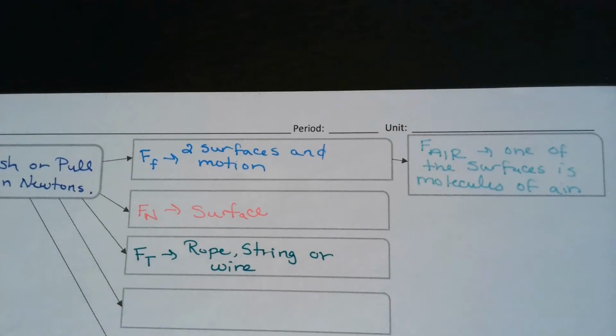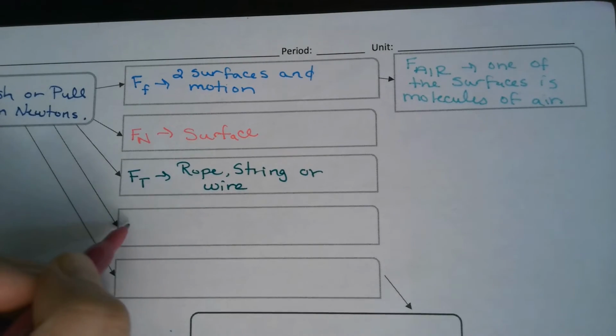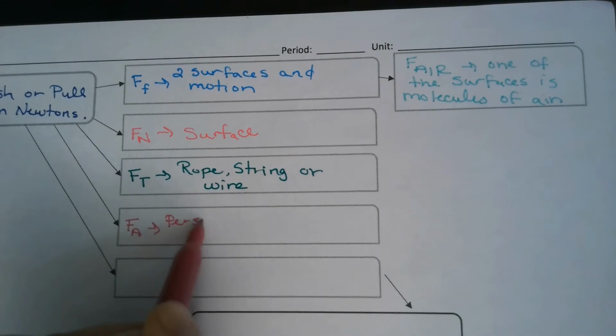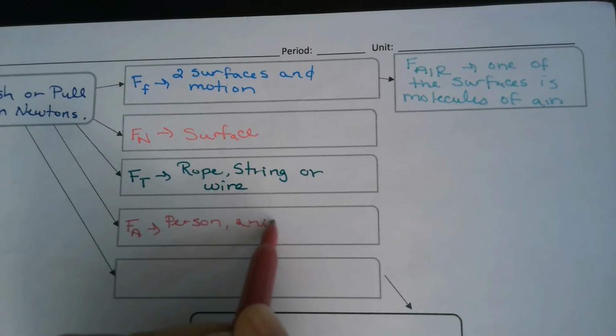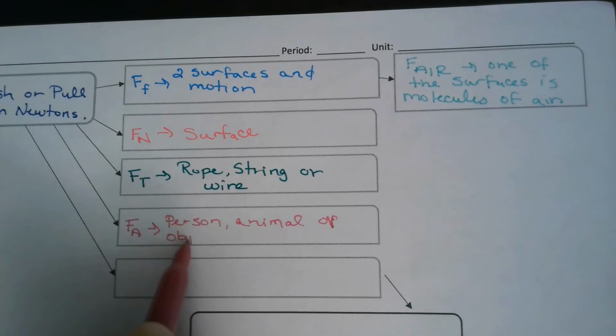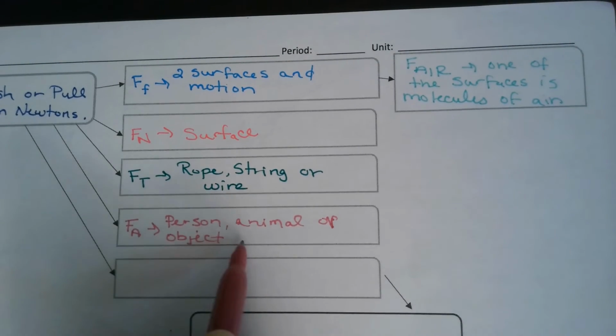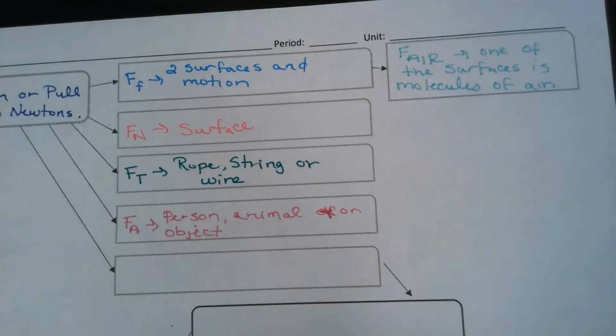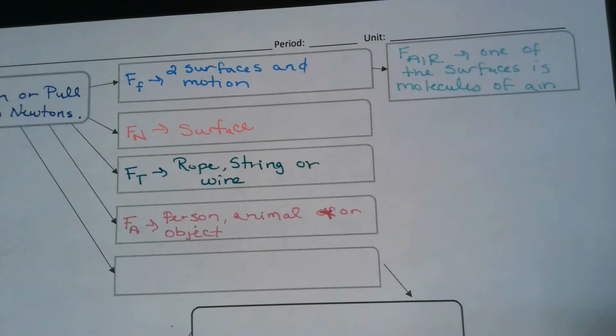And we also have applied force. The applied force is when there's a person, animal, or object that is pushing or pulling. And the last one, which is actually on the top of your list on the note card, is gravity.